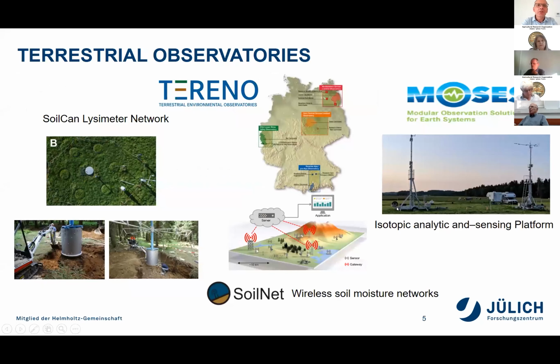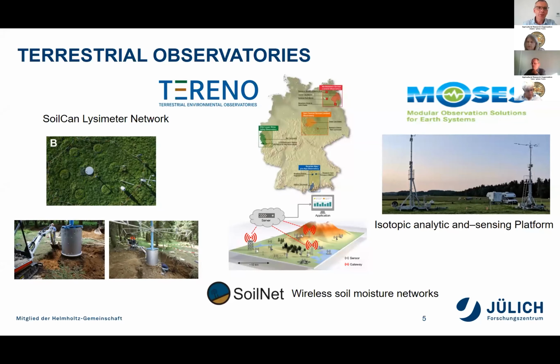The Agrosphere Institute is also coordinating a network of terrestrial observatories. It's called TERENO, and it's an initiative funded by the Helmholtz Association, and four Helmholtz research centers are operating these terrestrial observatories in which we monitor the different components of the terrestrial system, from the groundwater, the soil, the vegetation into the atmosphere.